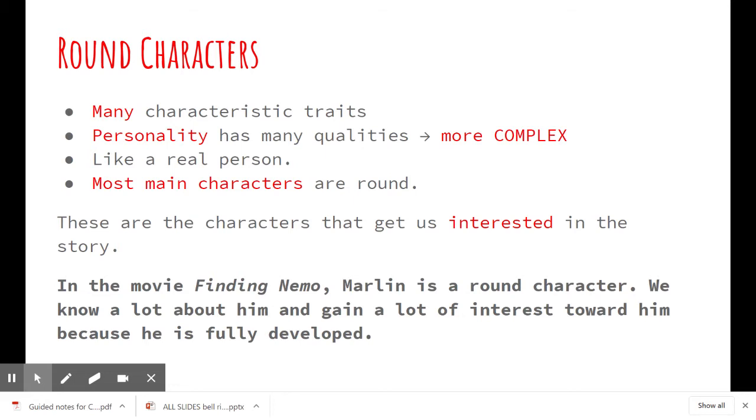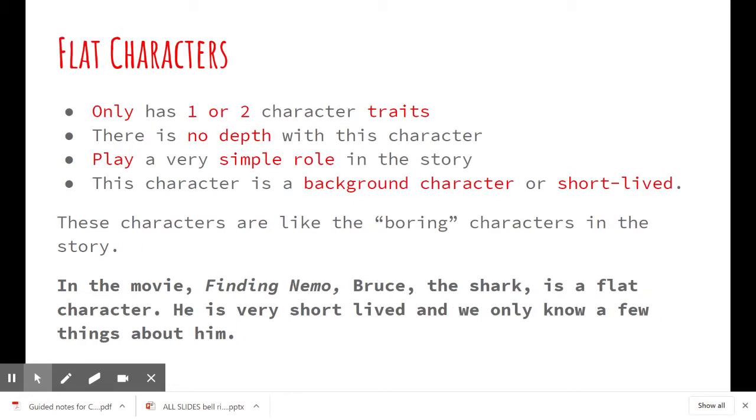Then the kind of the opposite of a round character would be a flat character. Flat characters only have just a couple of traits that we as a reader know about. Okay, there really is no depth.